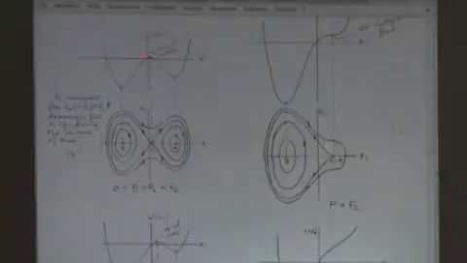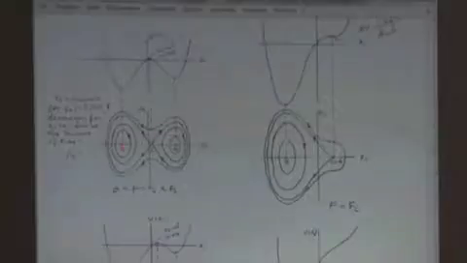Fix a value of the force between 0 and the critical load, let's say. Then our potential energy, if we plot that energy, looks like this. There are 3 equilibria, 3 places where the variation of the potential energy is 0. And in the phase space, that corresponds, of course, to x2, which is the velocity, equal to 0. So there are 3 such points.